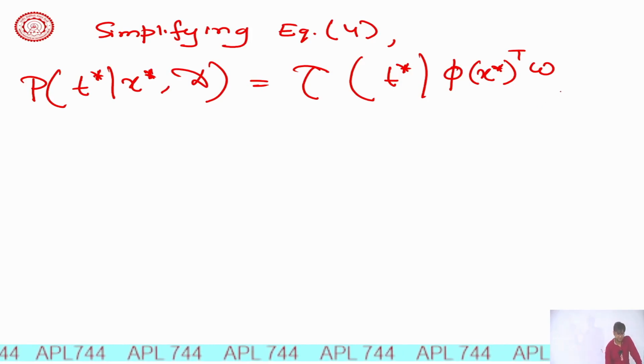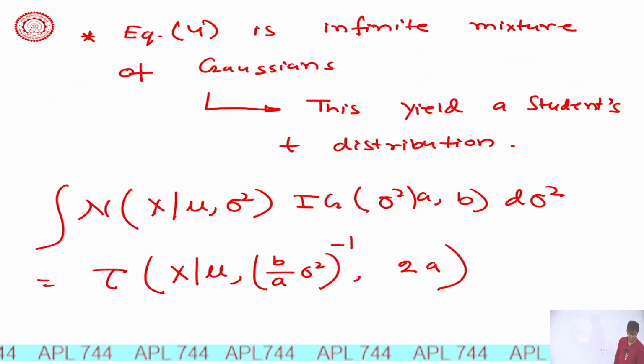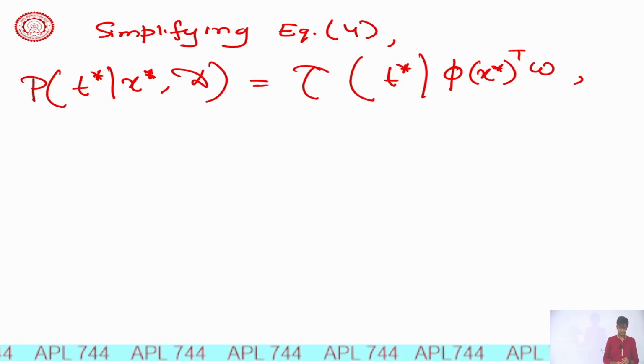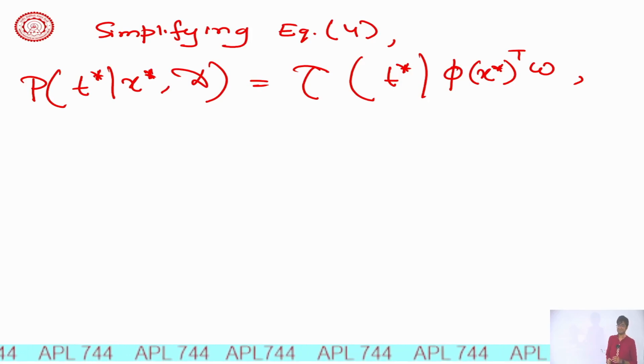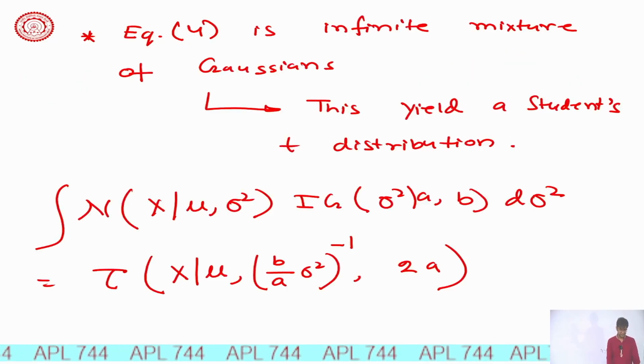What is the second term? By looking at the expression I just gave here, Bn by An. Actually, this sigma square should not have been there.